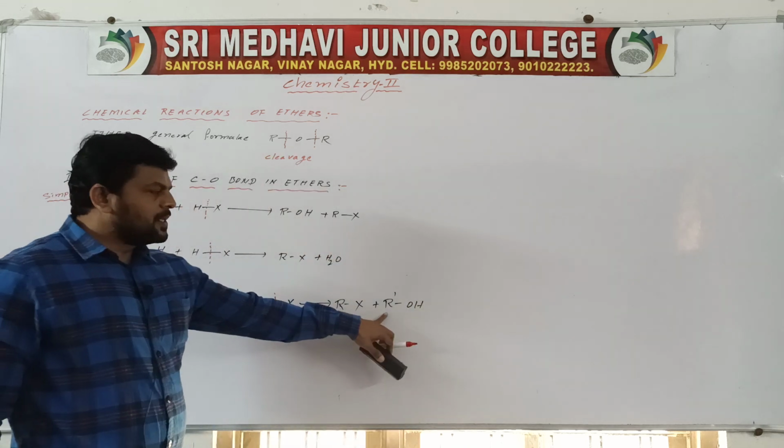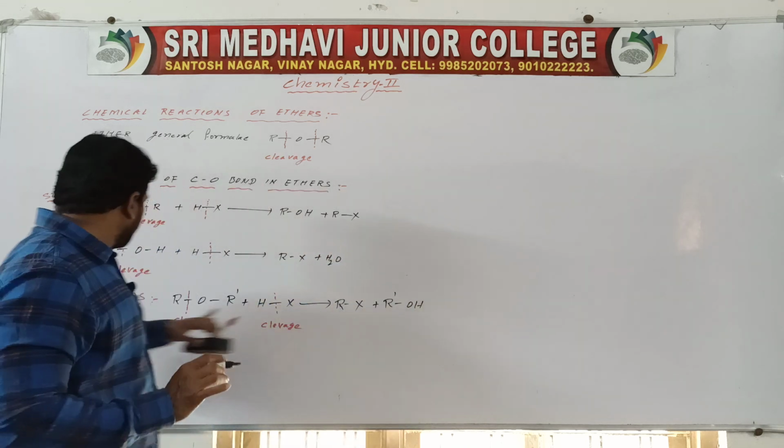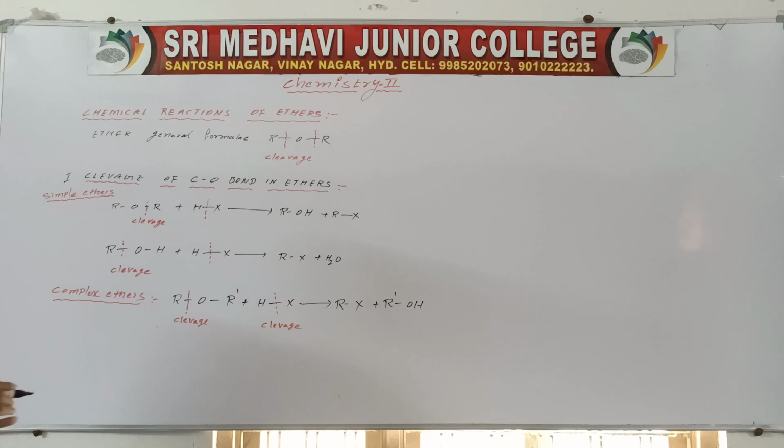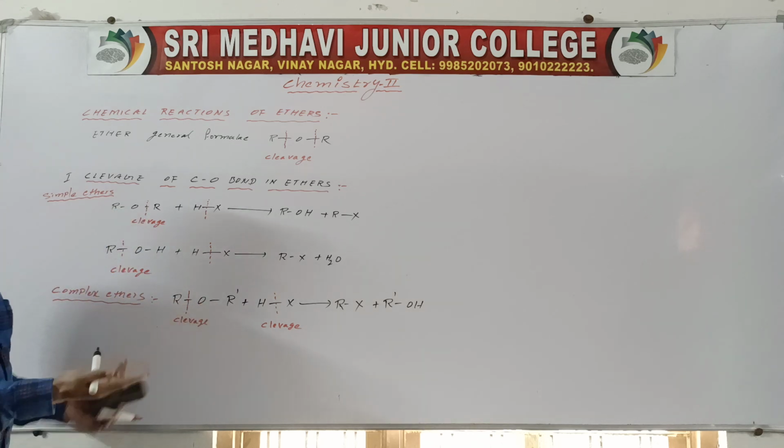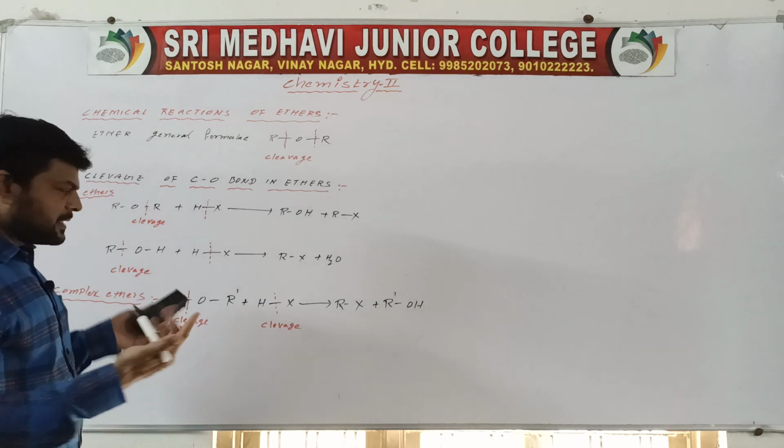This is an alkyl group, this is an alkyl group, different alkyl groups, that's why it is a complex ether. The same alkyl group means simple ether, R dash, different alkyl groups means complex ether.